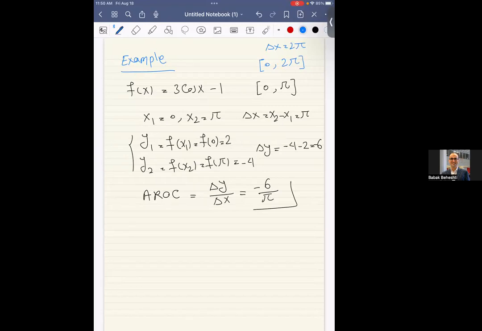What is f of 2 pi? 2. There is no change in y. So if x1 is 0 and x2 is 2 pi, y1 is 2, y2 is 2. So delta y would be 0. So the average rate of change would be 0, right? For this new interval.